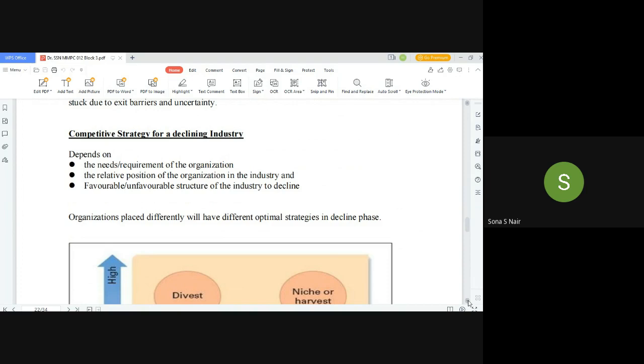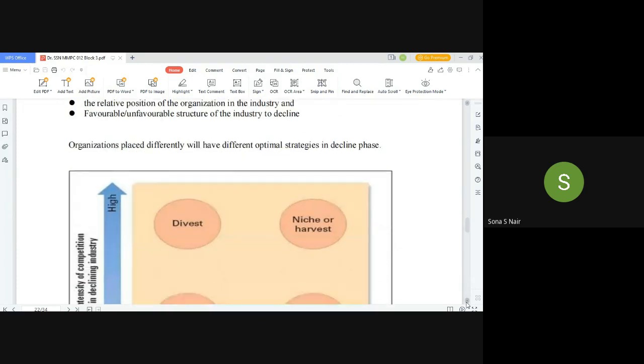So, what competitive strategy an organization will adopt in a declining industry will depend on how the industry is, how strong they are in the industry, and what are the needs of the firm. Okay? And organizations which are placed differently will have different optimal strategies.